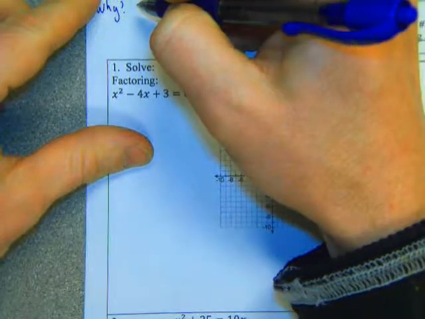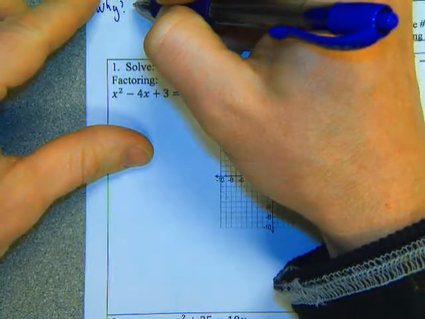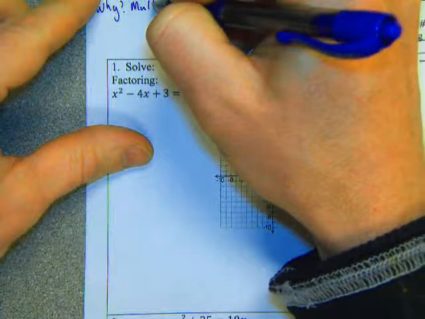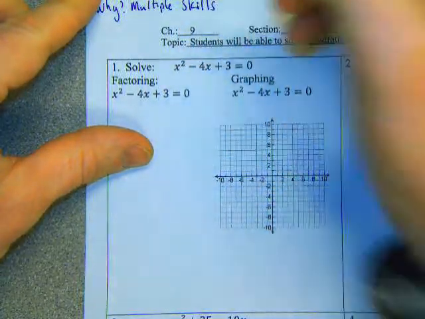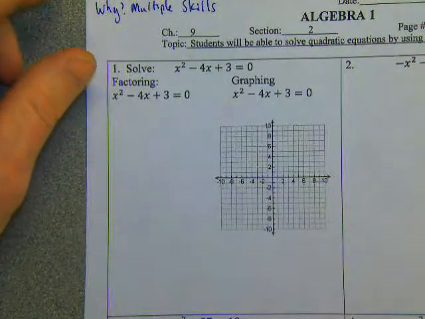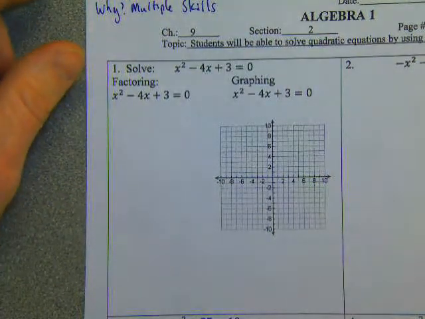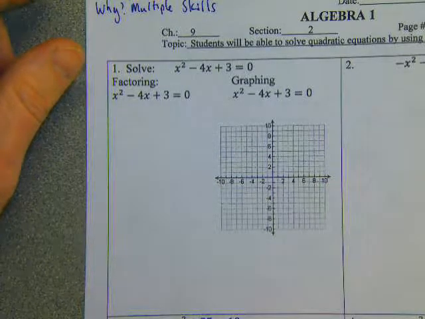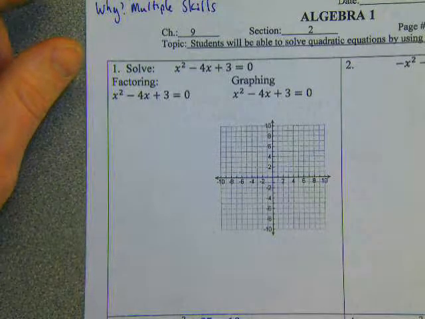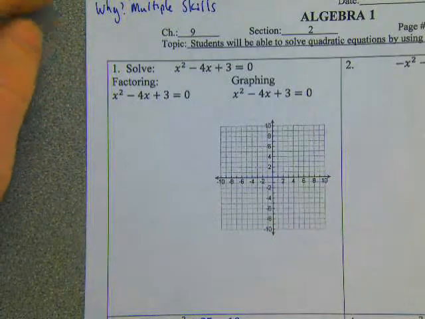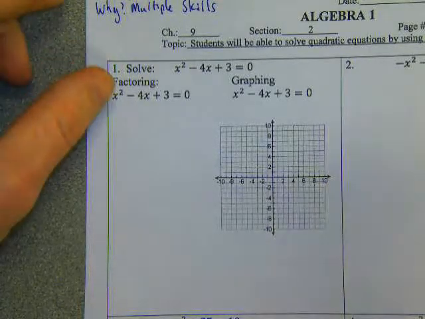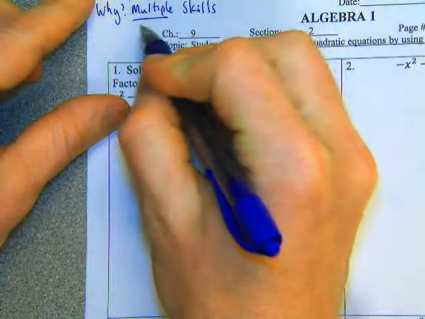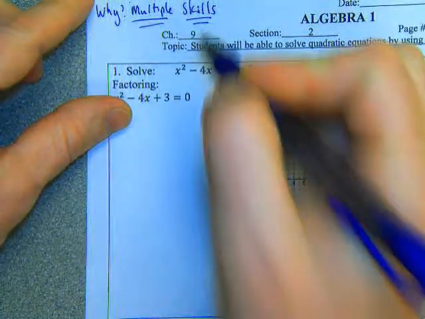Let's start with the why. So the why here is multiple skills. When you're problem solving, and I don't really care what the problem is, the arts, hunting, athletics, music, it helps to have multiple skills.